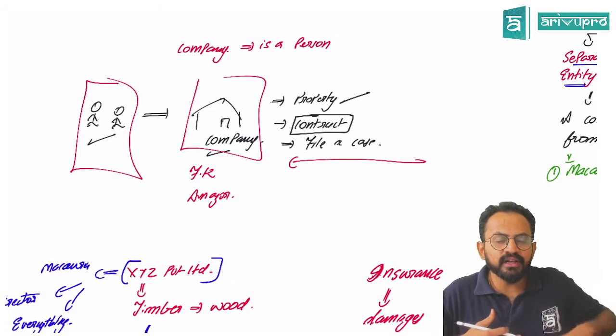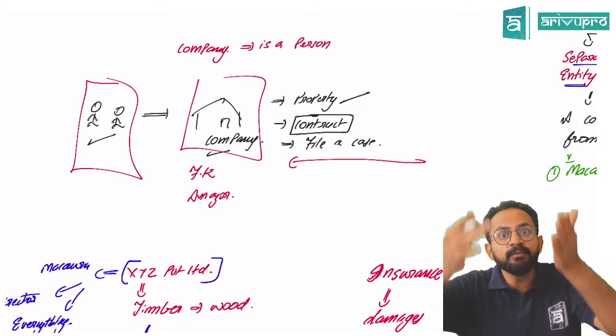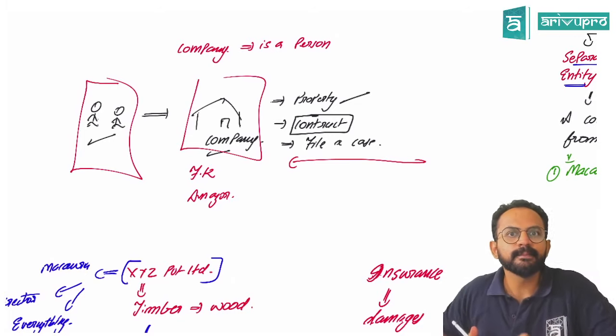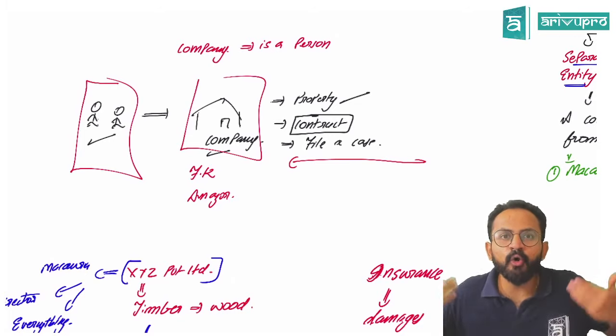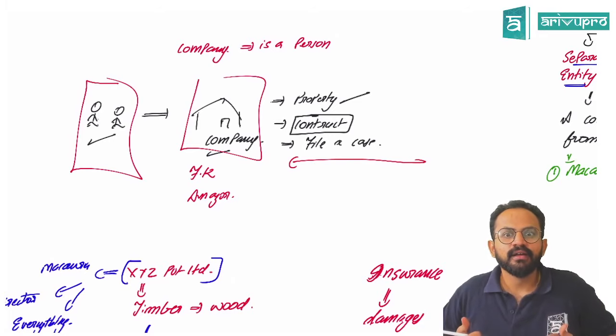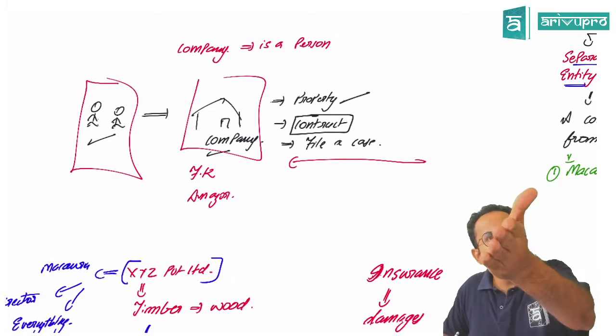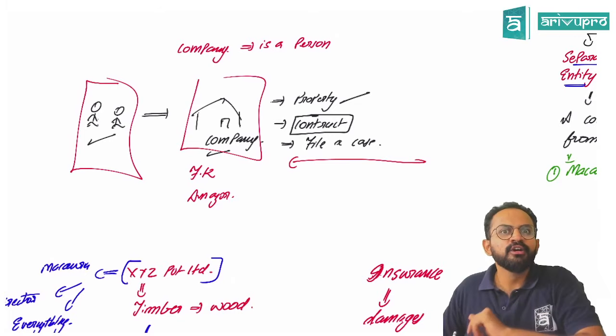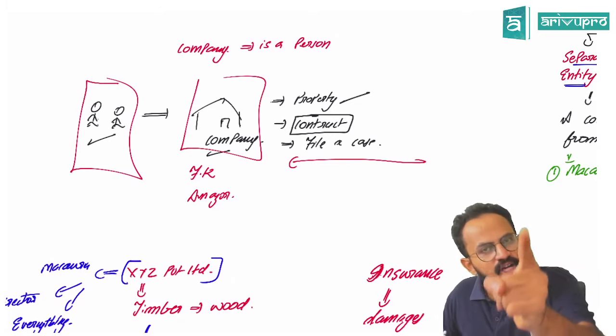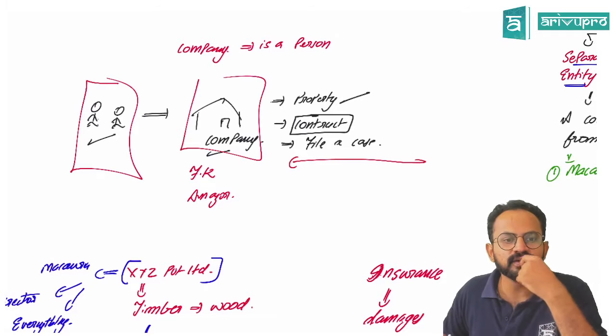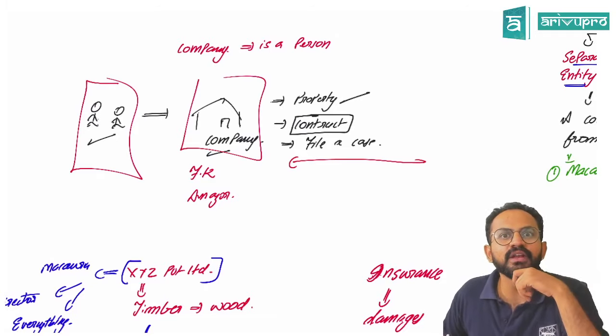Because the timber does not belong to you, it belongs to the company. You are not the owner of the timber. The company is the owner. You are who? You are just a shareholder. The moment the company started, you are different. The company is different. So get lost from here, we will not pay you.